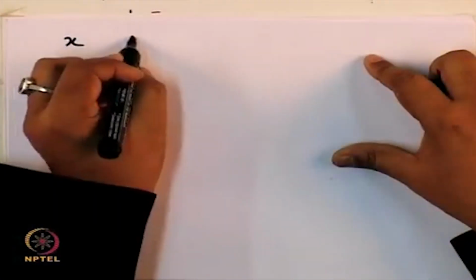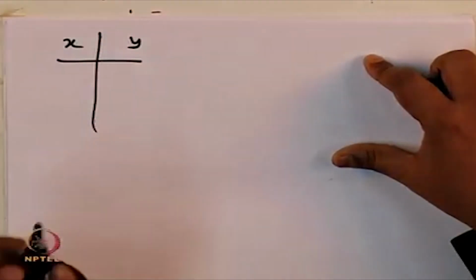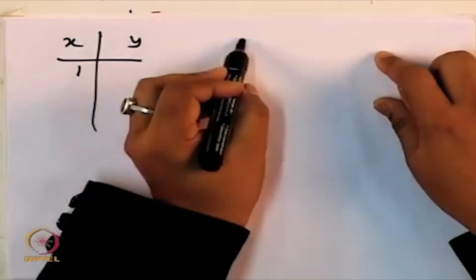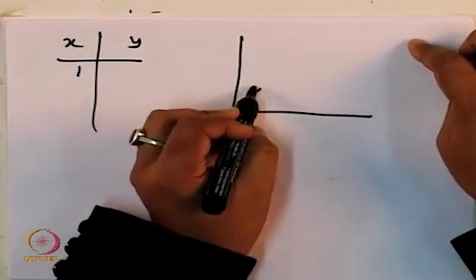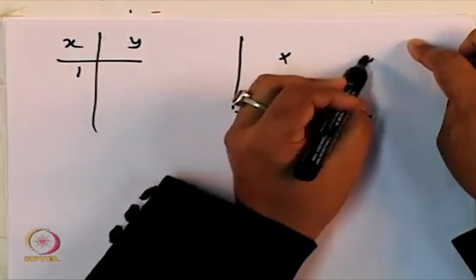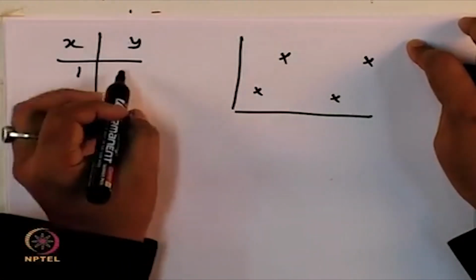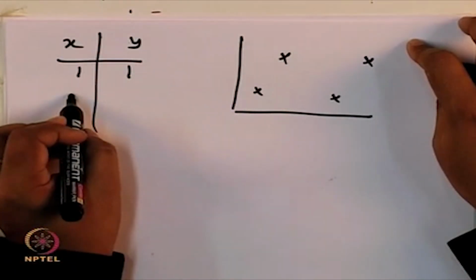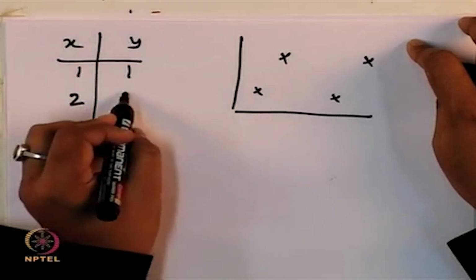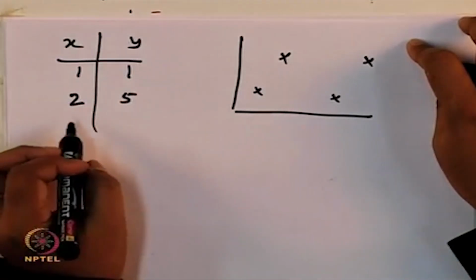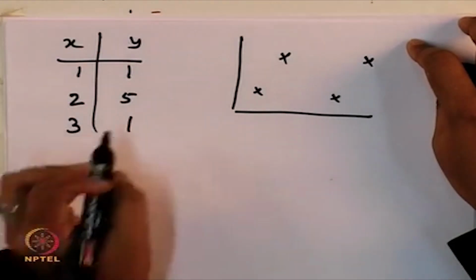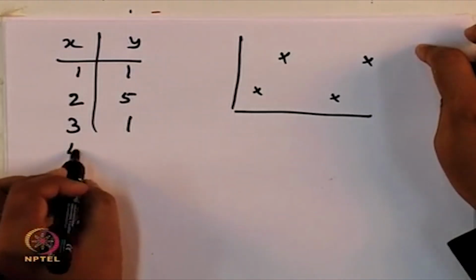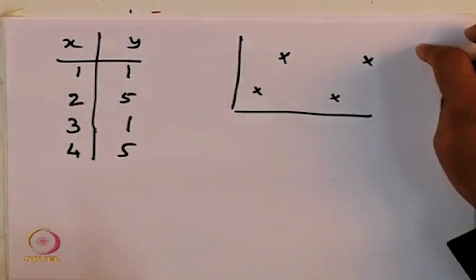Okay. So, now let us take another example and do this calculation ourselves. Let us take an example where x and y are not particularly correlated. Let us say I take these four points: x is 1, y is 1; x is 2, y is 5; x is 3, y is 1; x is 4, y is 5.